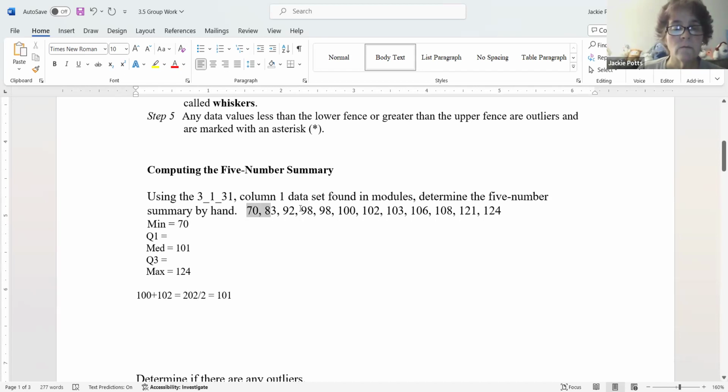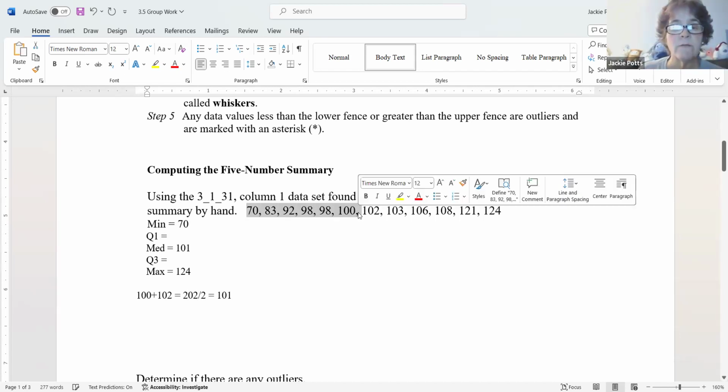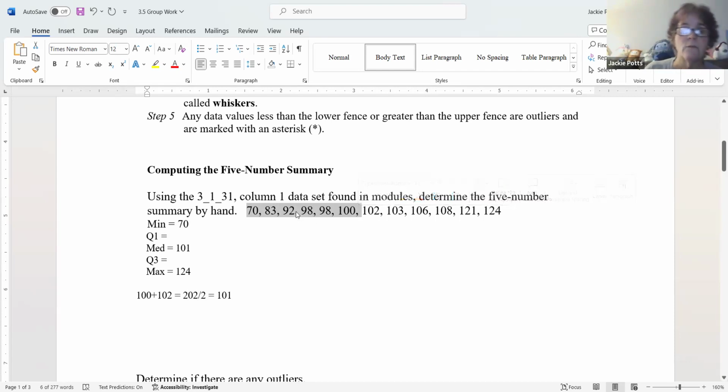Now, I split the data in half. And again, I find the median of the left half, which would be 92 plus 98, which is what, 190? And then I divide that by 2. And I see a 95 for Q1.